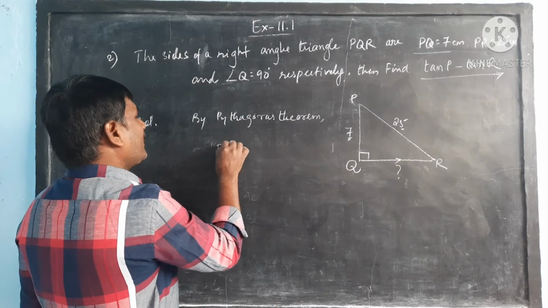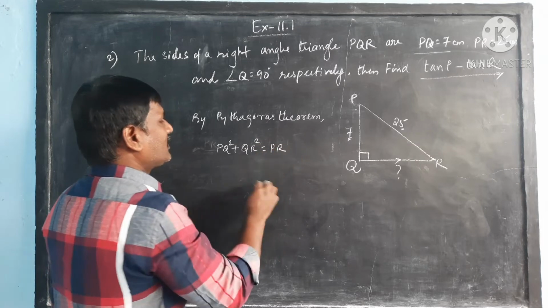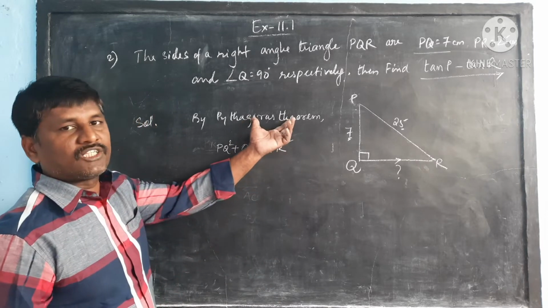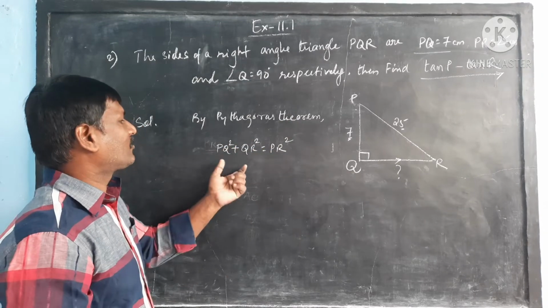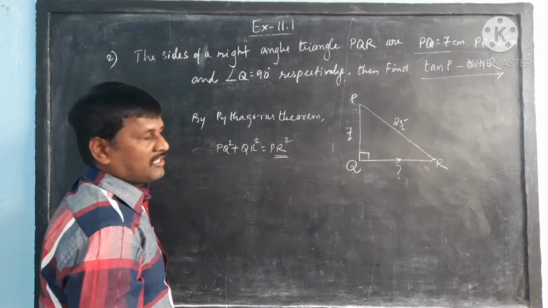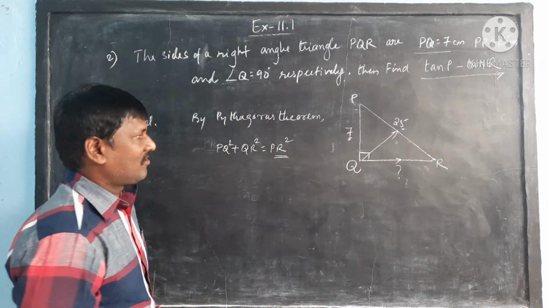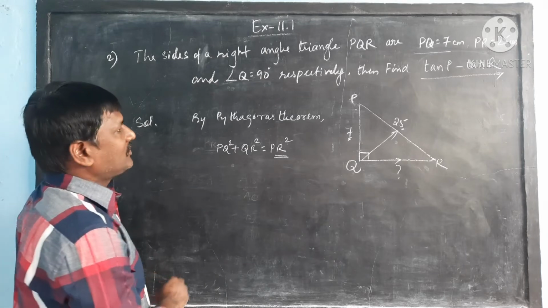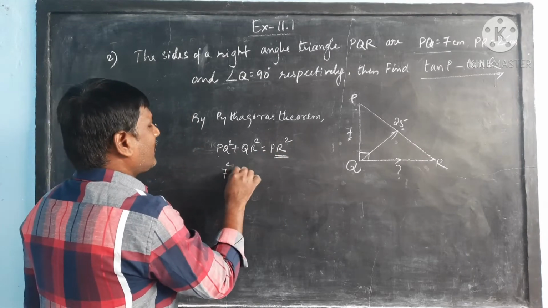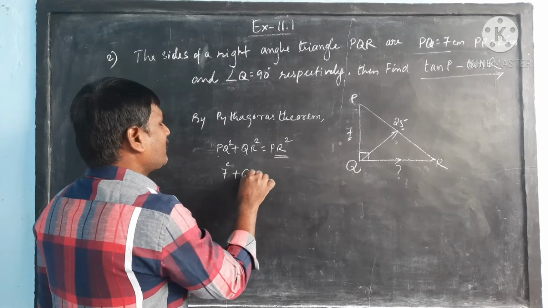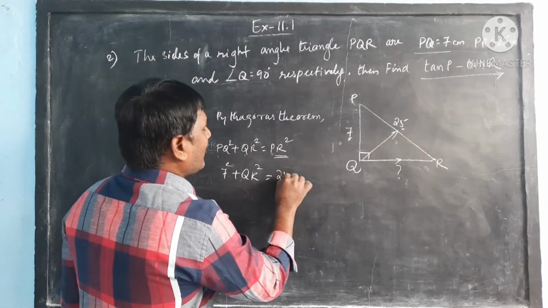This is because, by Pythagoras theorem, the sum of the squares of two sides is equal to the square of the hypotenuse, since the hypotenuse is opposite to the right angle. Now substitute the values: 7 square plus QR square, which we keep as it is, is equal to PR square, that means 25 square.